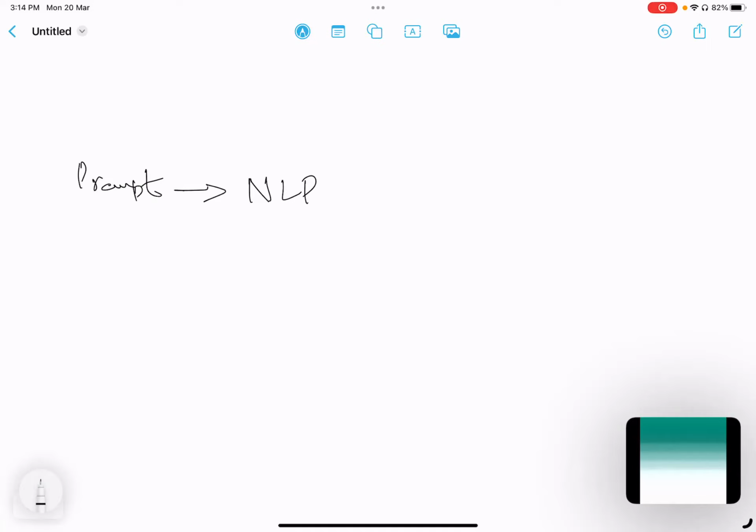After performing the NLP steps, the tokens, or we can say encoding schemes, will be given to the transformer.